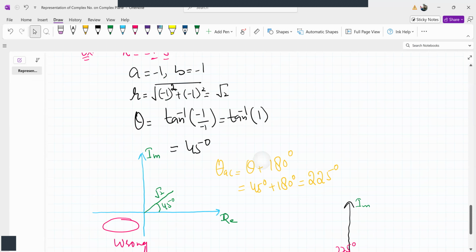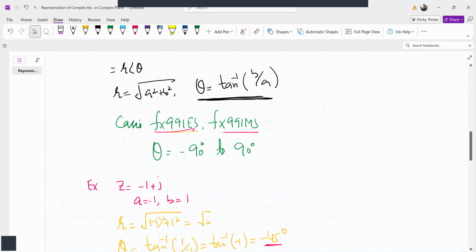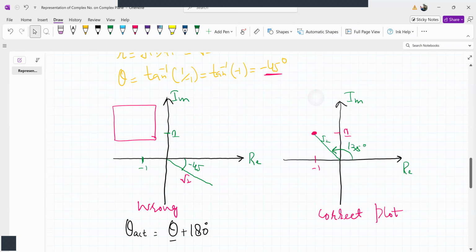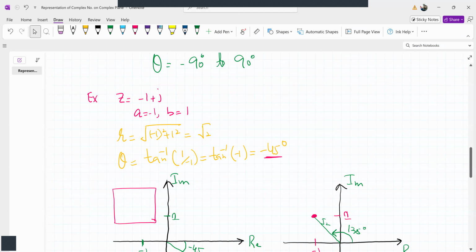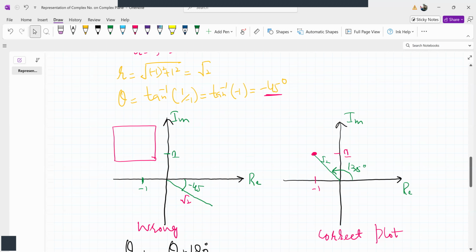However, if you use the mobile phone application calculator or scientific calculators like 991 ES and 991 MS, the result may not be correct. So how do we rectify this problem? We simply add 180 degrees to the angle if the complex number lies in the second or third quadrant.